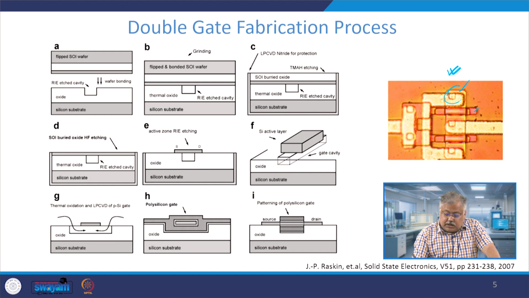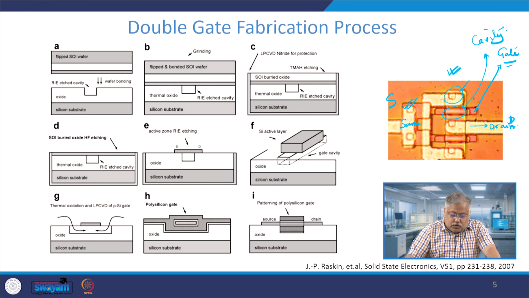If you take this as the drain, the cavity will allow the growth of the metal layer here, and this is the source. So, I have the source here, this is the drain, and this red colored part is basically the gate.